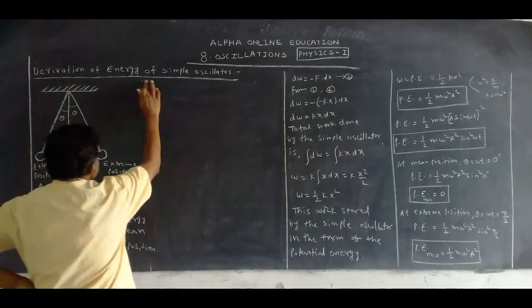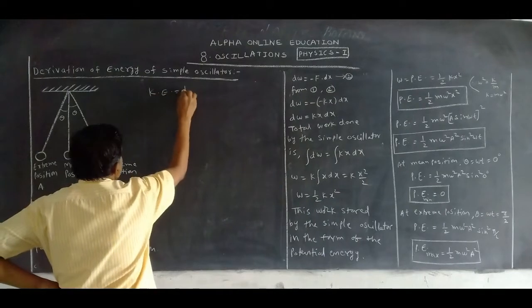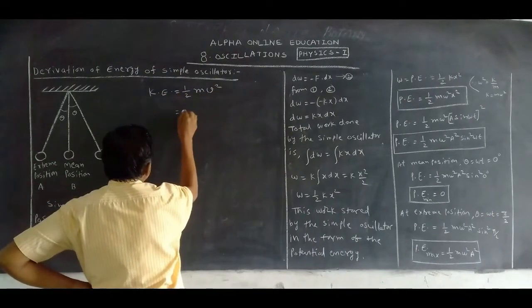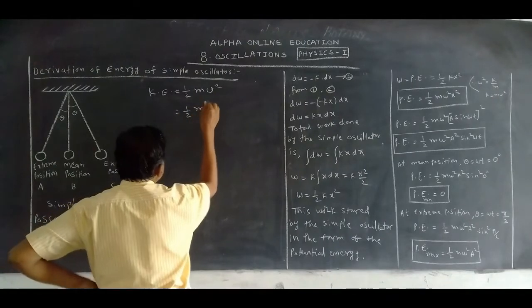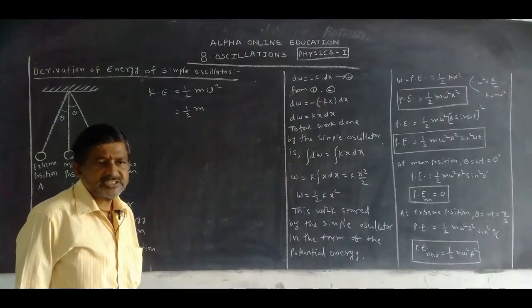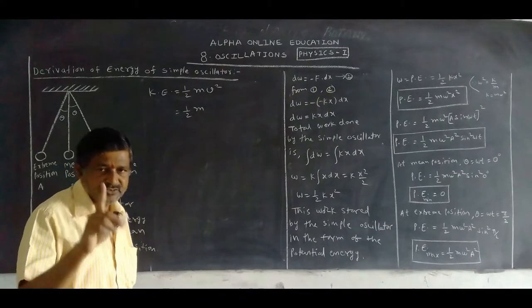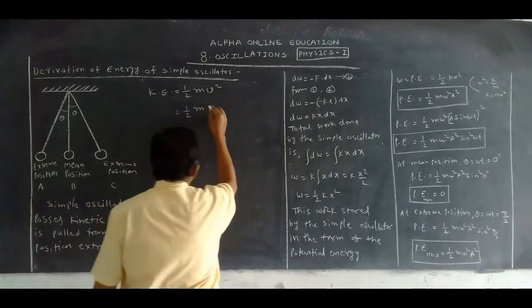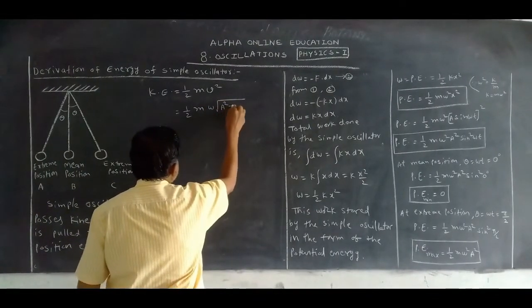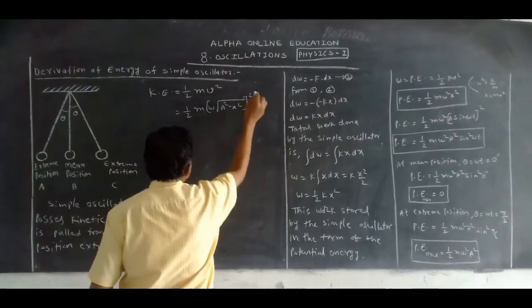Now we know the equation for the kinetic energy, half m v square. What is v? Velocity. We know the equation for the velocity of the simple oscillator. It also has two forms. The first form is omega into root of a square minus x square, whole square.